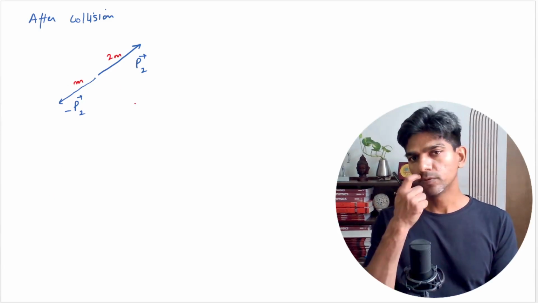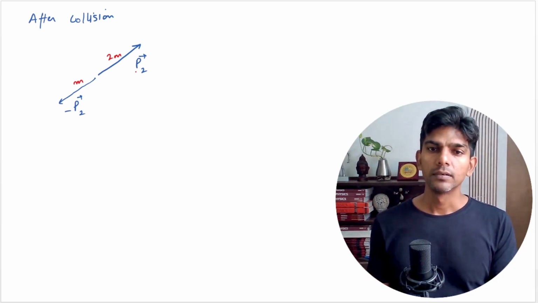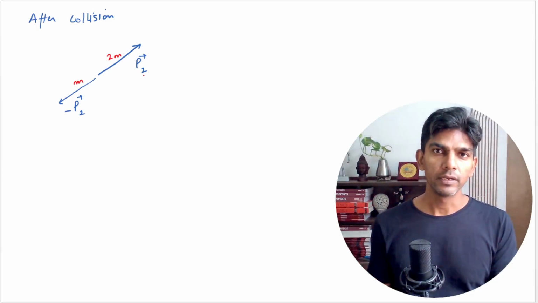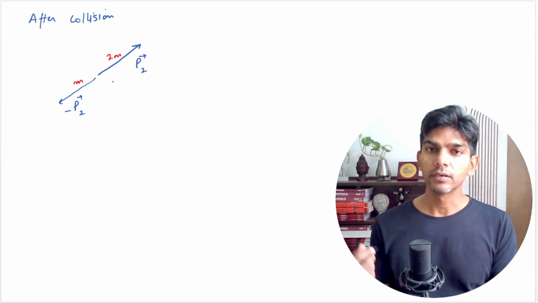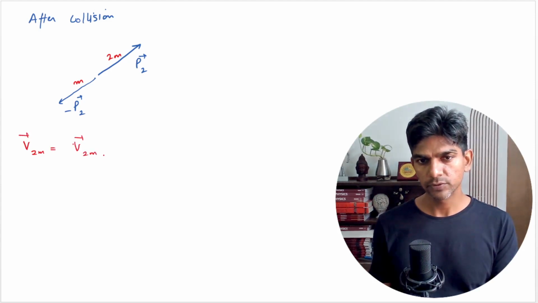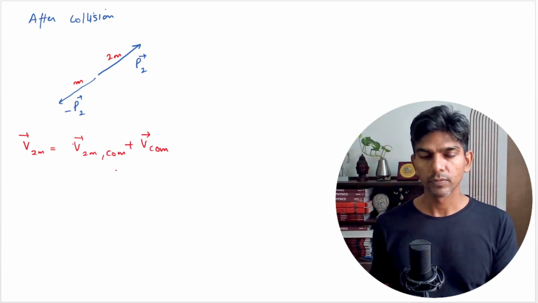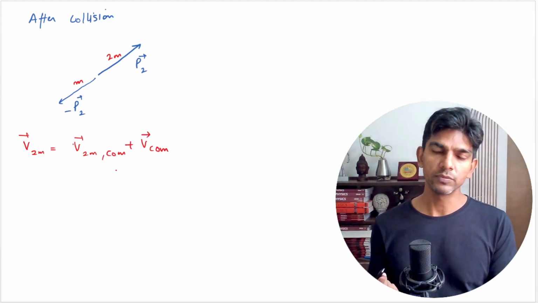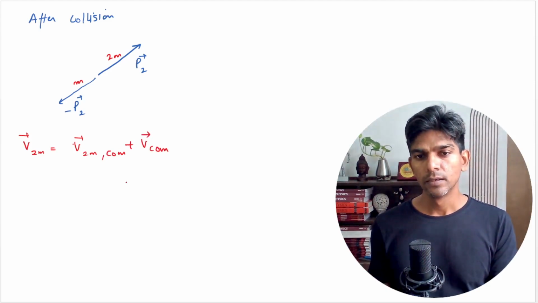So if I want to find the velocity, or say the momentum, in the ground frame, let us see what we can do. The velocity of 2m will be the velocity of 2m with respect to the center of mass plus the velocity of the center of mass, right? Since there is no external force acting on the system, the velocity of the center of mass won't change.